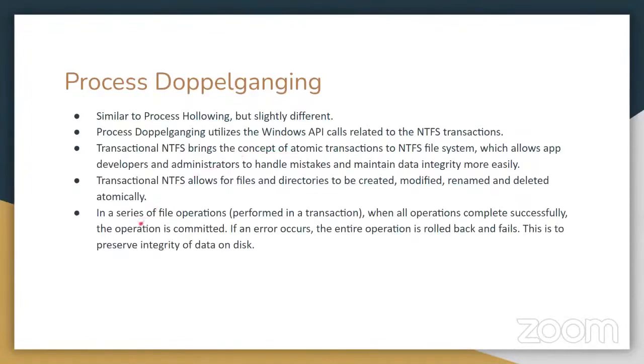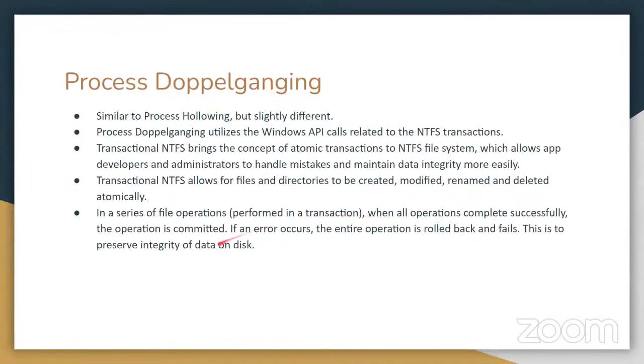For instance, let's say we are performing some file operation in a transaction. Suppose we are writing a 100-byte buffer to a file, and assume we managed to successfully write all those 100 bytes into that file in the transaction. However, that operation will not be fully successful until it is committed for the transaction.